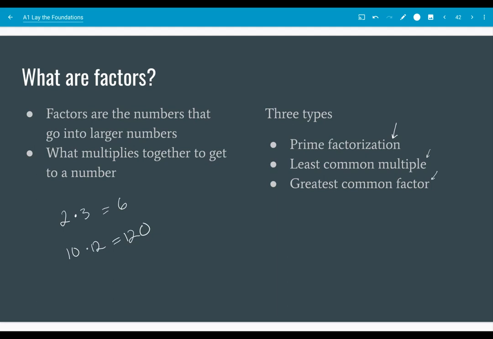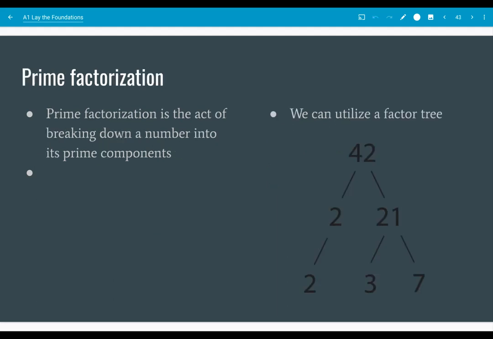So let's take a look at prime factorization. Prime factorization is the act of breaking down a number into its prime components, right? And remember that a prime number is divisible only by 1 and itself, right?